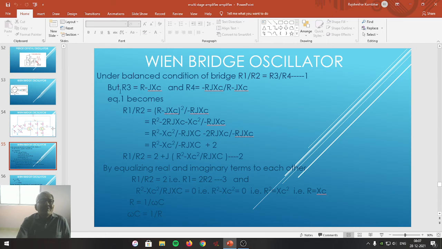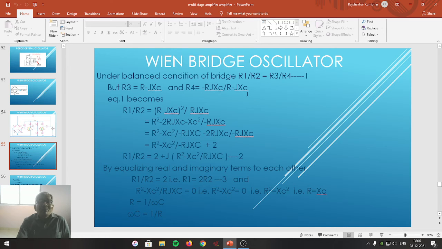So that is given by R3 equal to R minus jXc, where Xc is the reactance of the capacitor connected in series with the resistance R. Similarly, R4 is the impedance obtained with the parallel combination of R and C. It is given as minus R jXc upon R minus jXc.